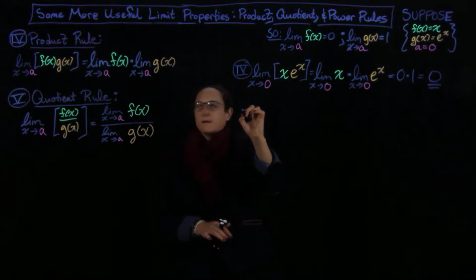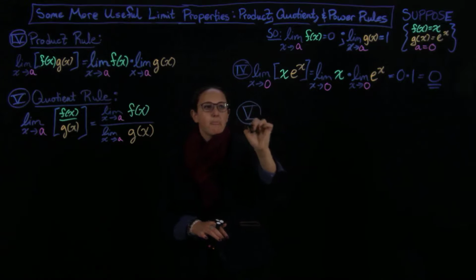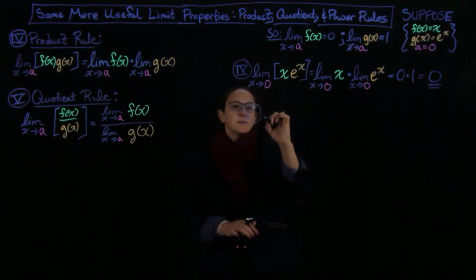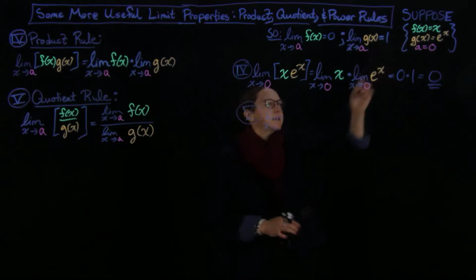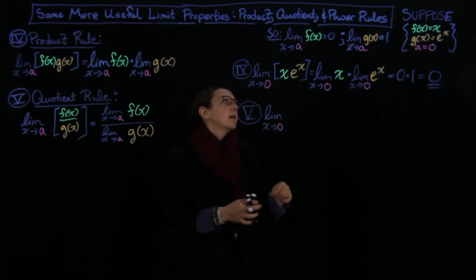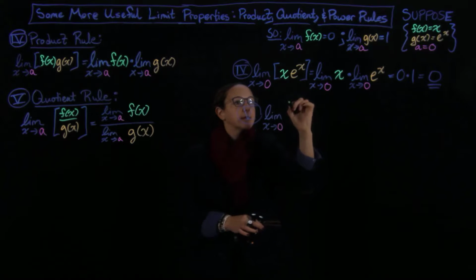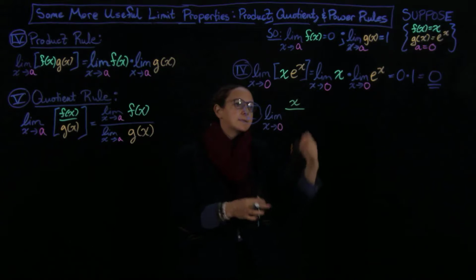This is the fifth rule. I want to take the limit as x approaches 0. Again, I'm just plugging in those things for my a, f, and g. On top I have x, so I take x divided by e to the x.